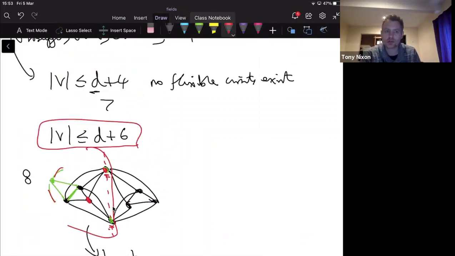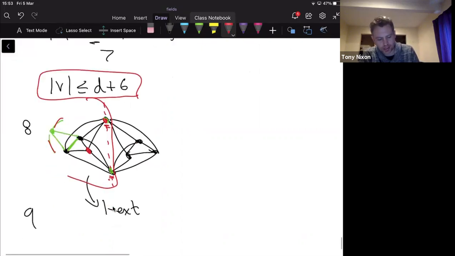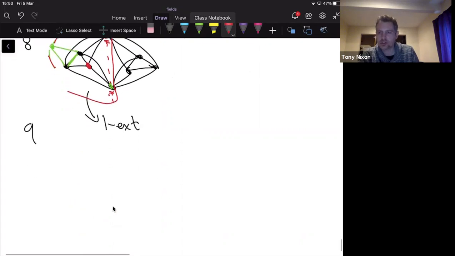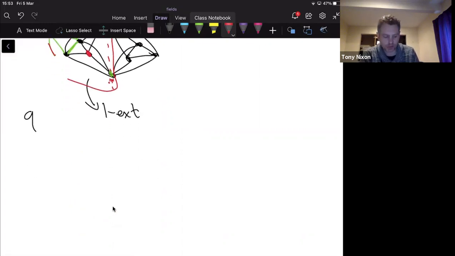So on at most D+6 vertices, every flexible circuit in any dimension fails to be 3-connected. So there's always at most D-1 vertices that you can rotate around. Above D+6 vertices, you get much more complicated flexible circuits.